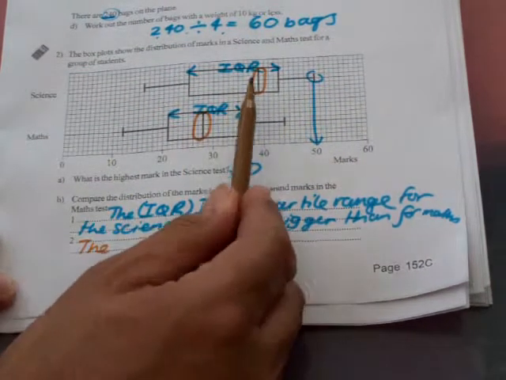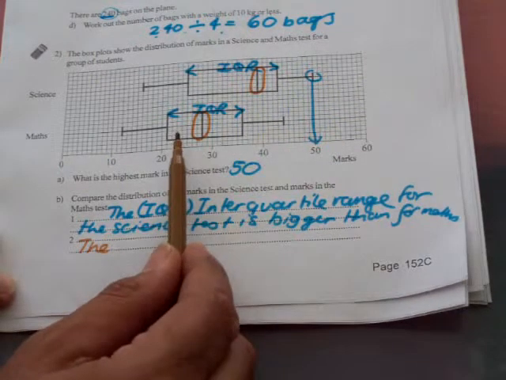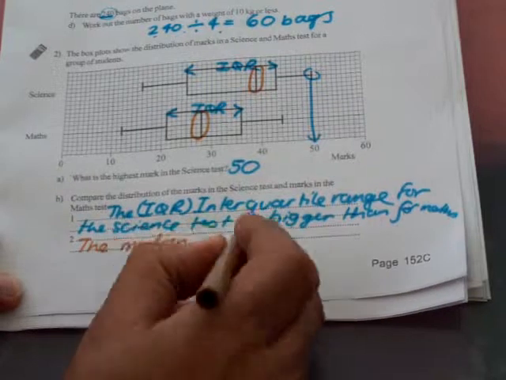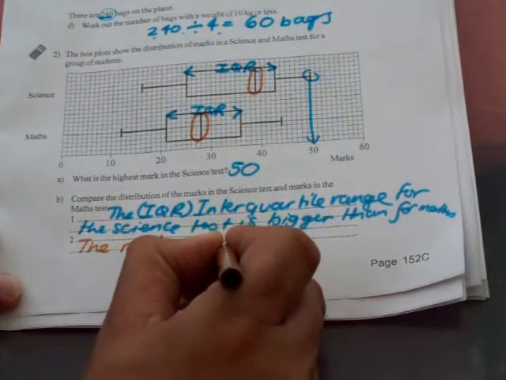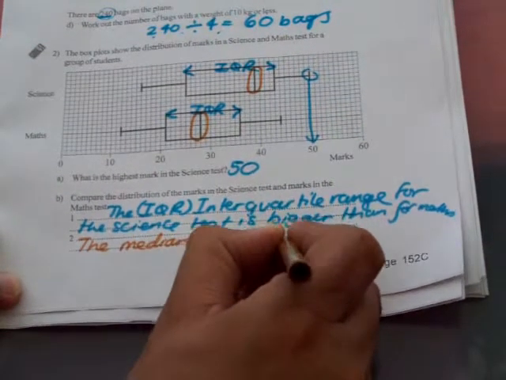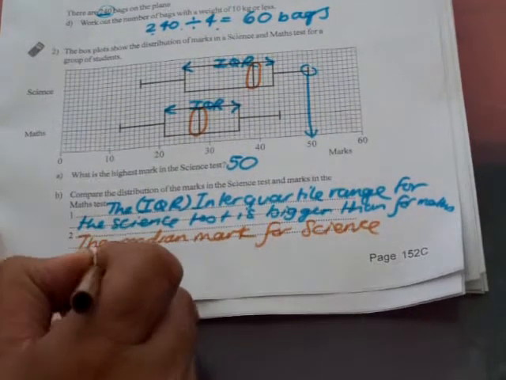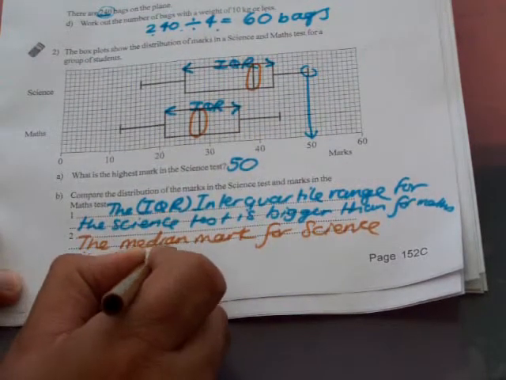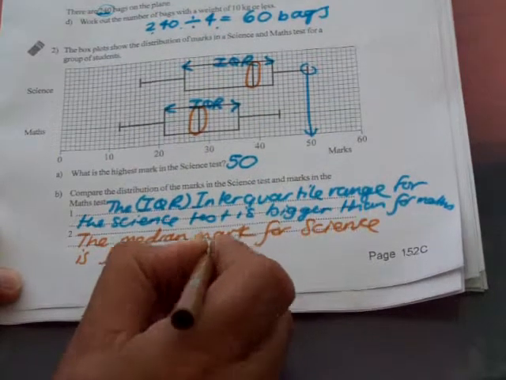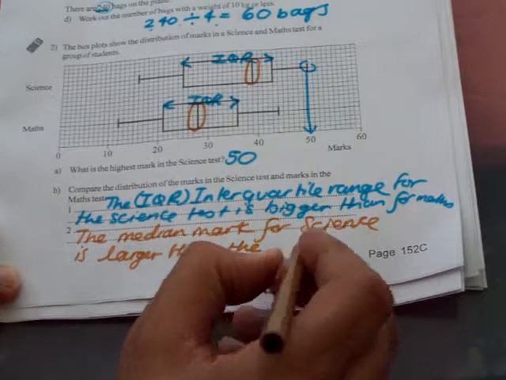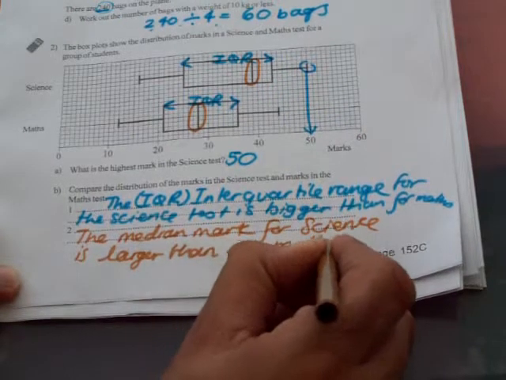Or we could just say again, the median mark for science is larger than the median for the maths.